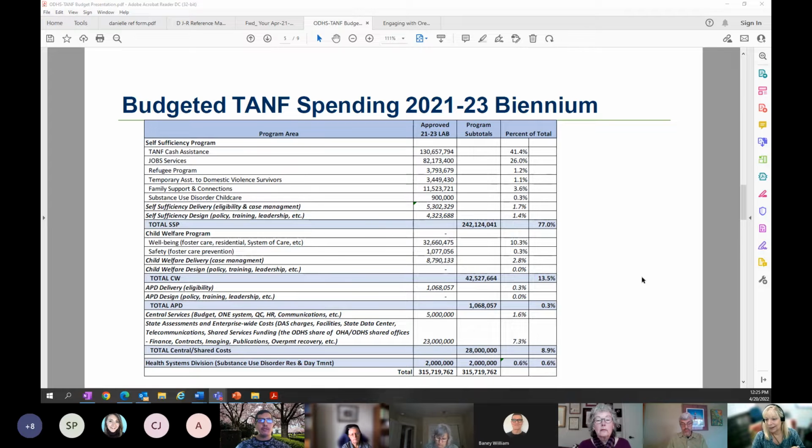So you could assume that we'll probably spend another 12 million above what is showing in the approved LAB, just based on those other averages that I gave you earlier about what it costs for an additional 1,000.